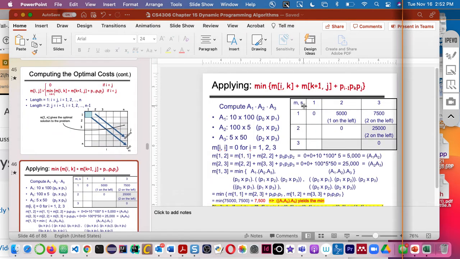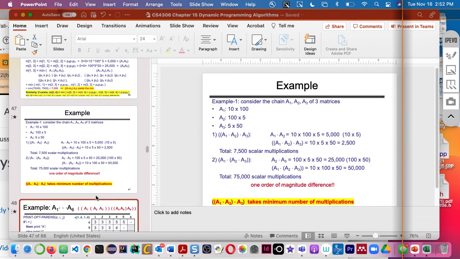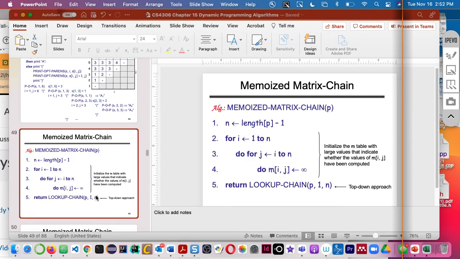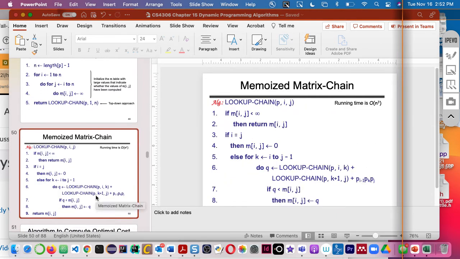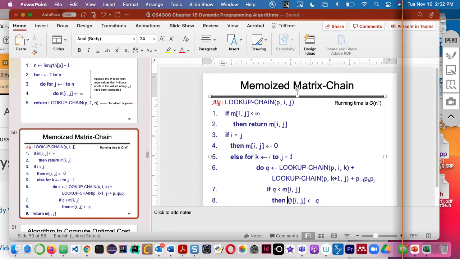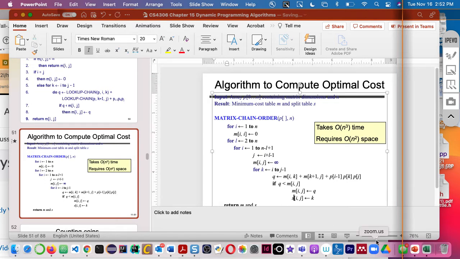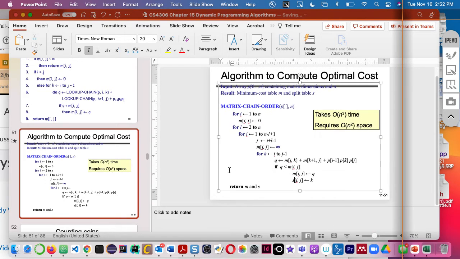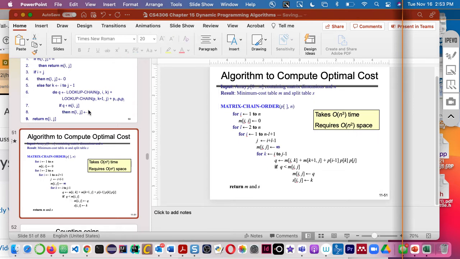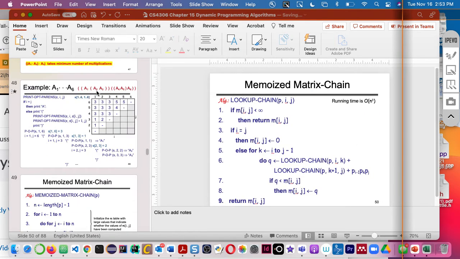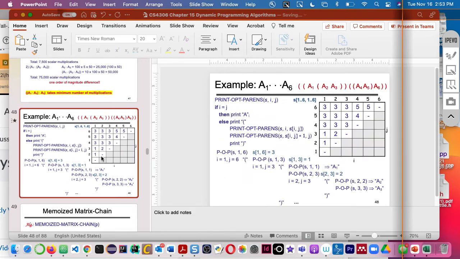If you like, you can maintain them separately. Actually, in the algorithm, you will see that it maintains two matrices, one is M and another is S. So if you have enough room, you can maintain M and S separately.